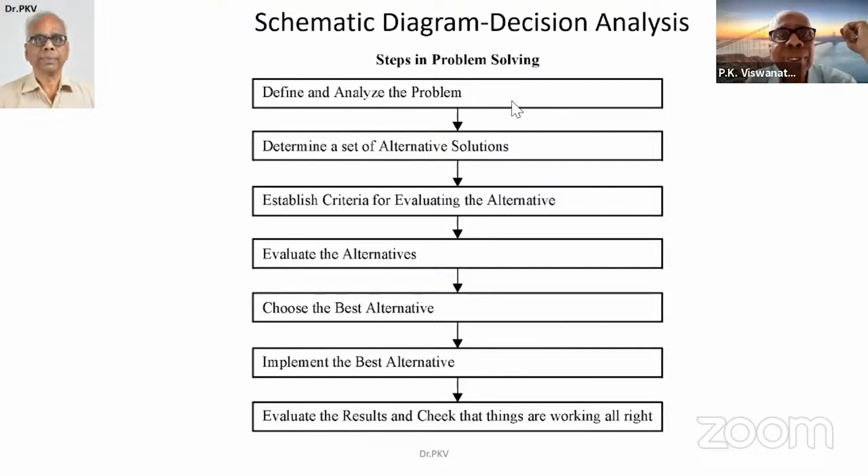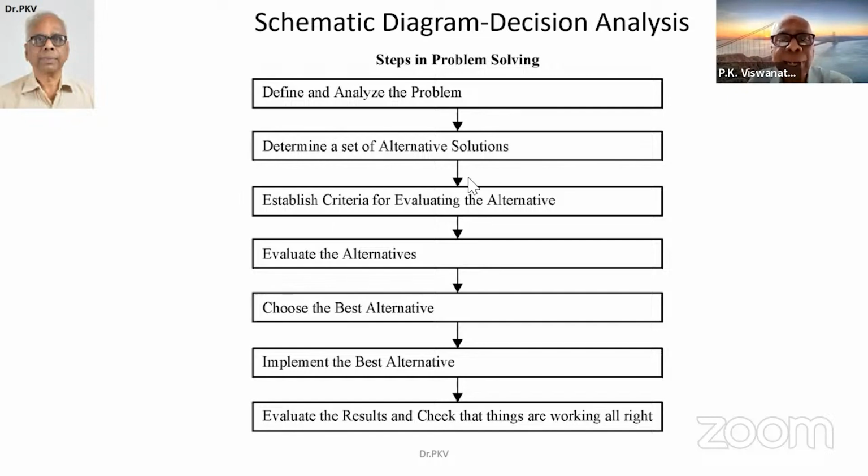That means you will have to have a set of alternative solutions or methods. To solve a decision problem, you can do it in a number of ways. Therefore, you need to find out what the alternative possible solutions are.